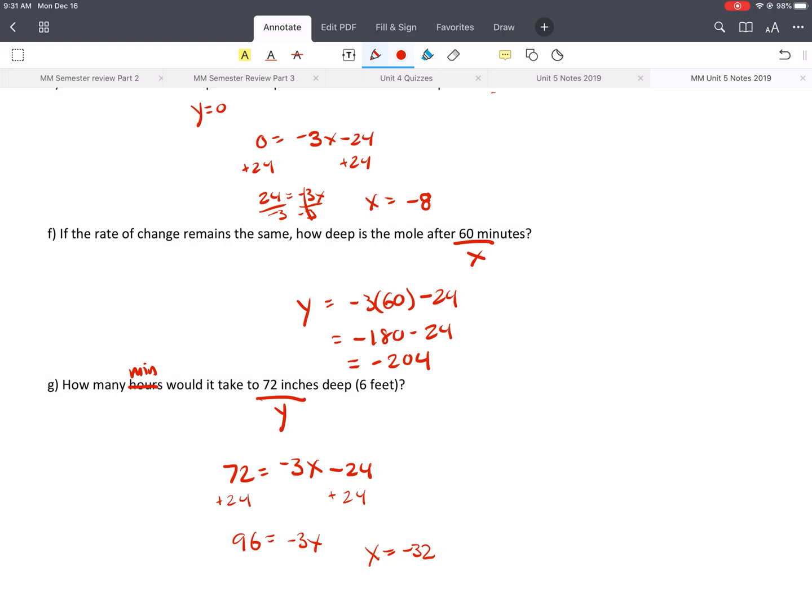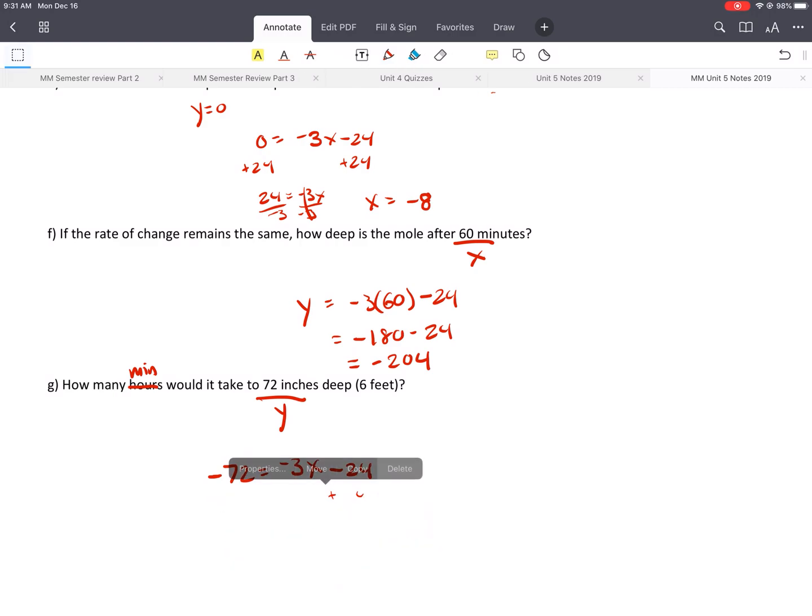And we end up getting x equals -32. Wait, hang on. Oh, this should be a negative. My bad. Hang on one sec. Because it's already deep in the ground. It's already negative. So, my bad. Okay, but same steps. You'd add 24. So -72 plus 24 gives you -48.